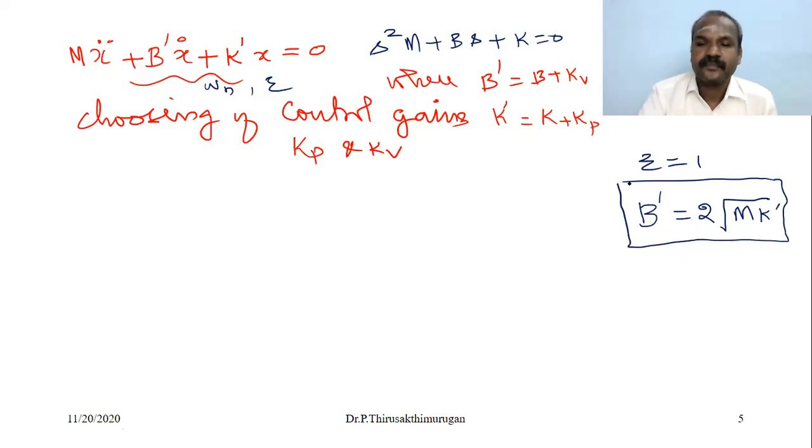Jayashree, okay, and some desired closed loop stiffness.